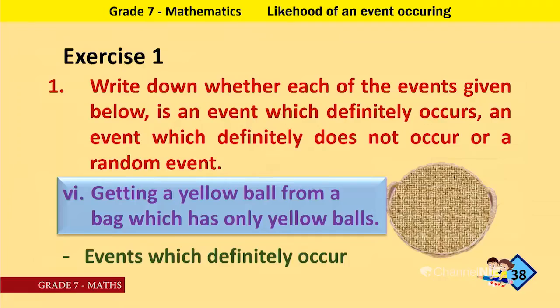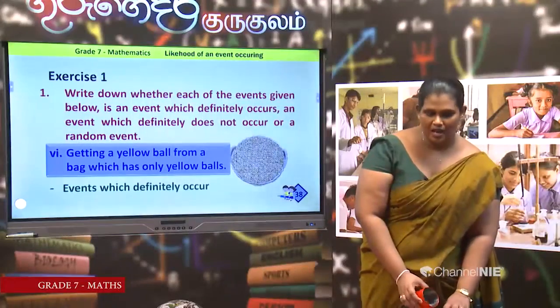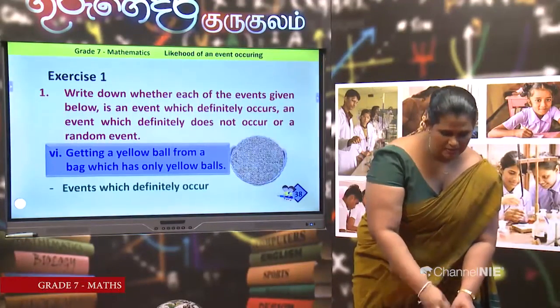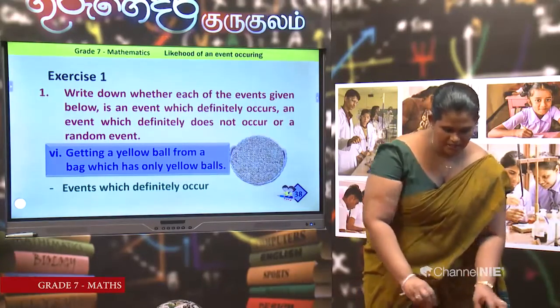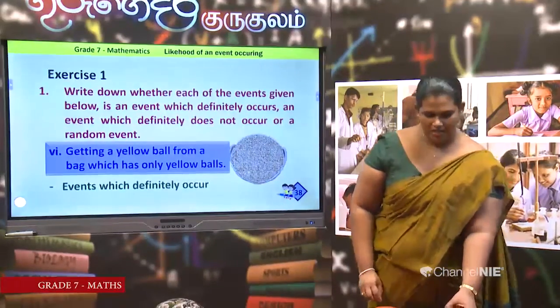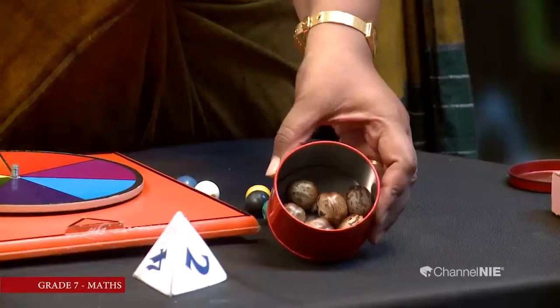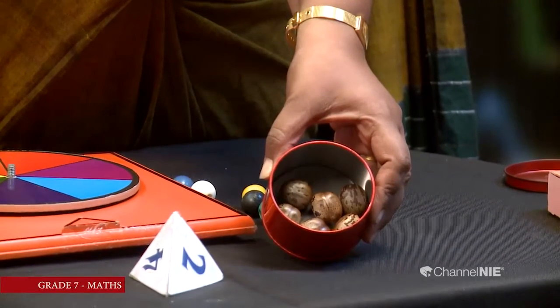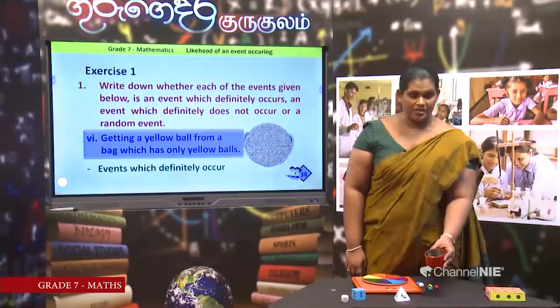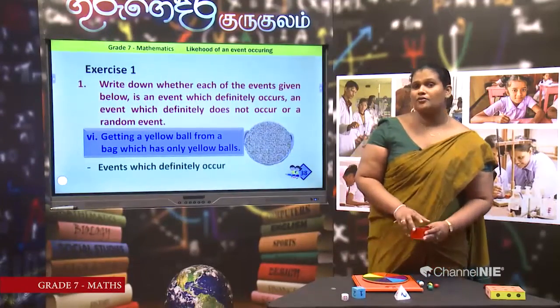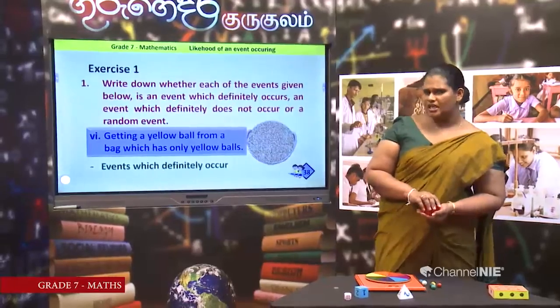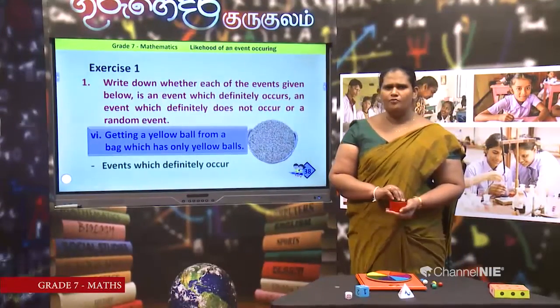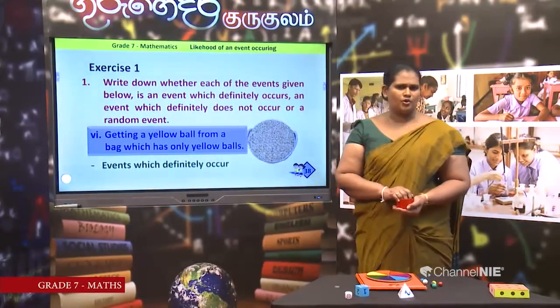Right. So, now here I have got some rubber seeds in my box. Here, have a look at these seeds. Right. Now, I am going to randomly take one seed out of this and we will see what I am going to get.